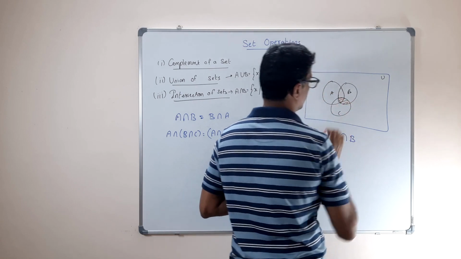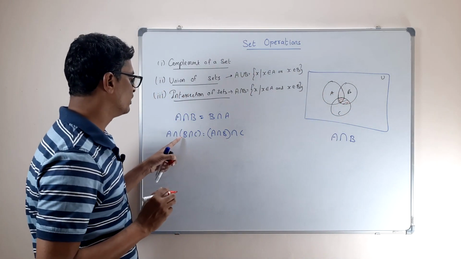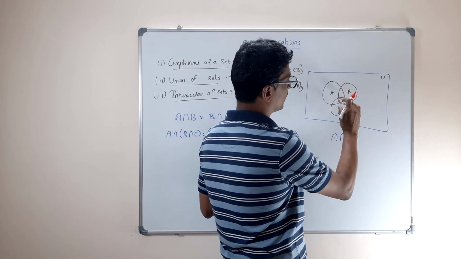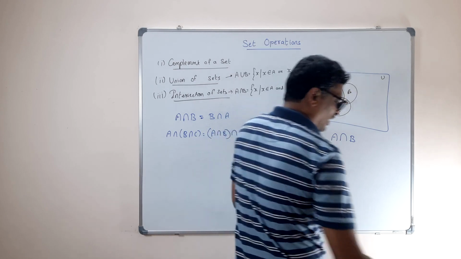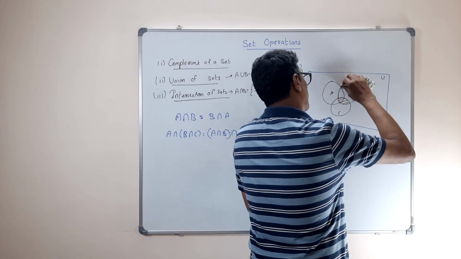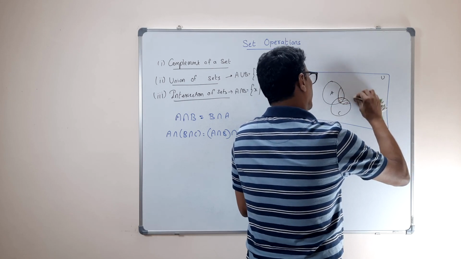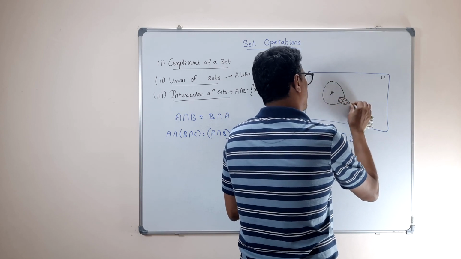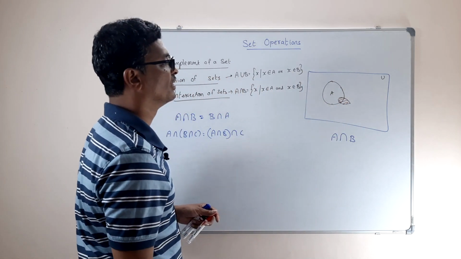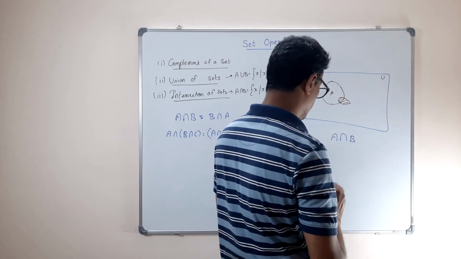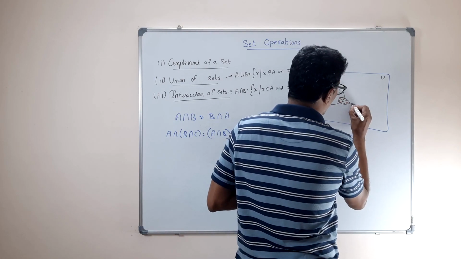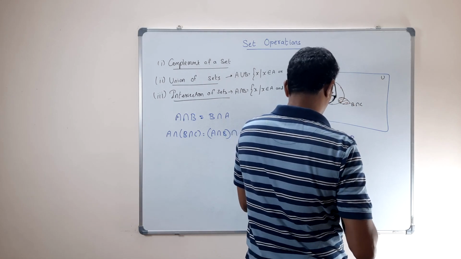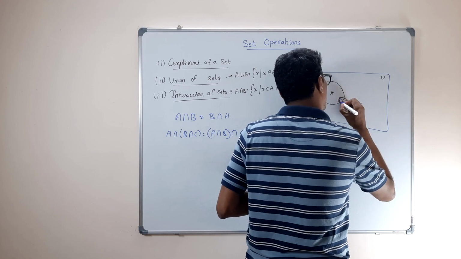Now A intersection B intersection C. Once we have it, you can see it like this. This is B intersection C, the top and left ones. Now what will be this one? The center, correct. So your B intersection C is nothing but this portion.